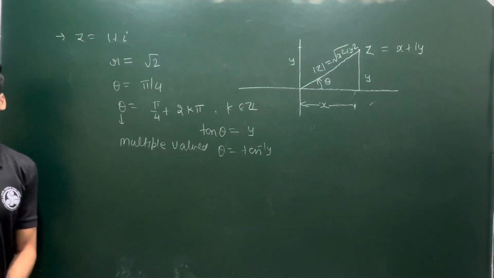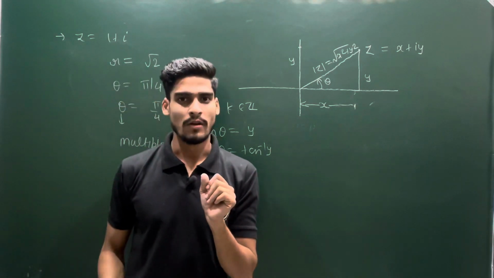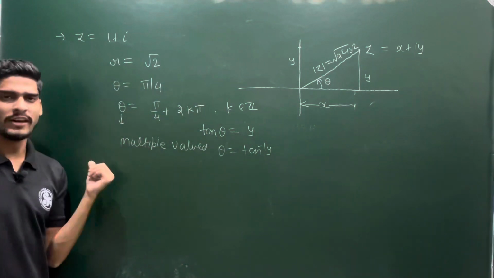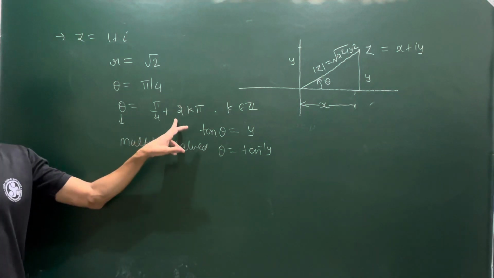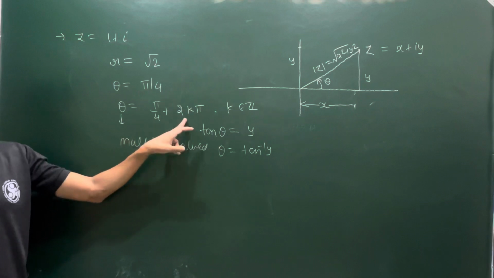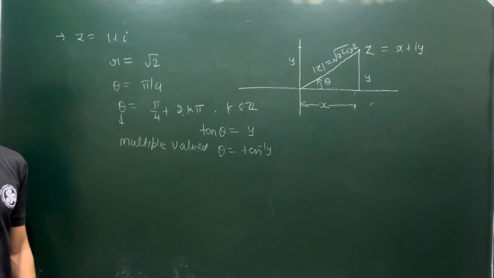In real analysis, I have given you the definition of function. A function takes one value from the domain and gives you a unique value in your codomain, but here it is not giving you a unique value. So such types of functions are called multiple valued functions.